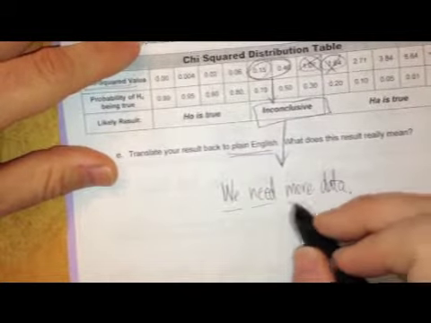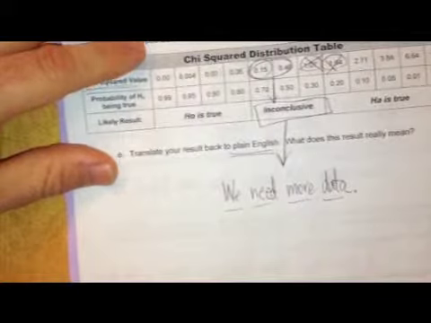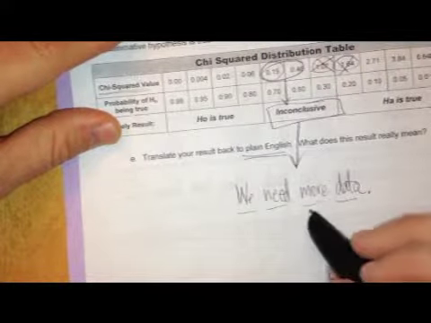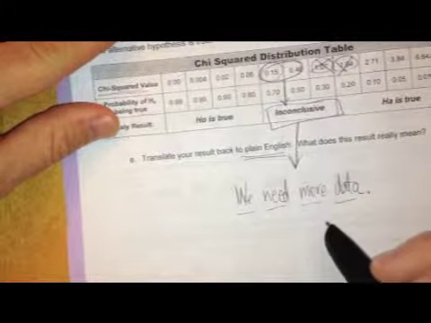But if we got more data, then we could start to analyze whether this was just a fluke, where the dancers performed a little bit different than what we expected, or if this was a typical thing and there is really a difference between the dancers and the other majors.